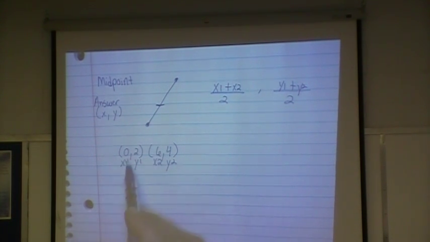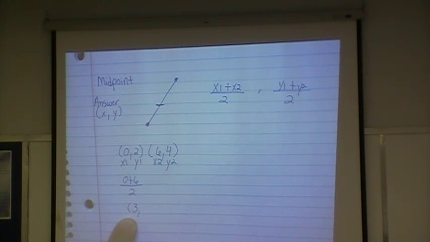So I look at this and I say, you know what? I've got to add my x's together and divide by 2. Now, we're pretty smart in here. 0 plus 6 is 6. 6 divided by 2 is 3. If I'm dealing with my x, that has to come first. It does matter how you put this answer.